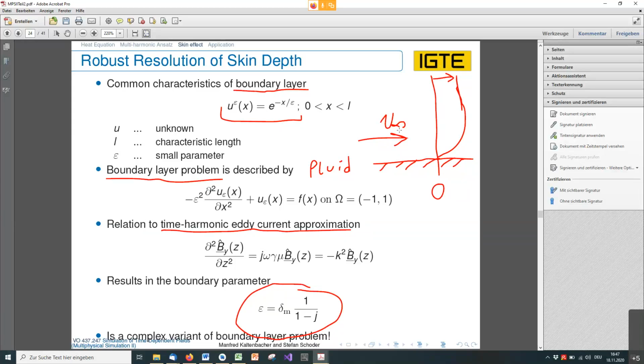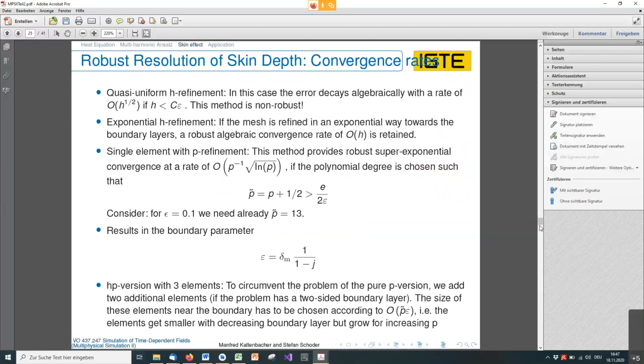So that's how we define the boundary layer in fluid dynamics, and also can define it for the eddy current problem which we have here. As Alexander said before, we have to resolve the gradients by elements, and that's what we are now investigating. And we are looking at the convergence rates.